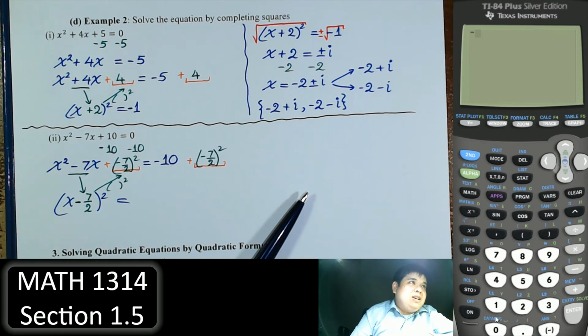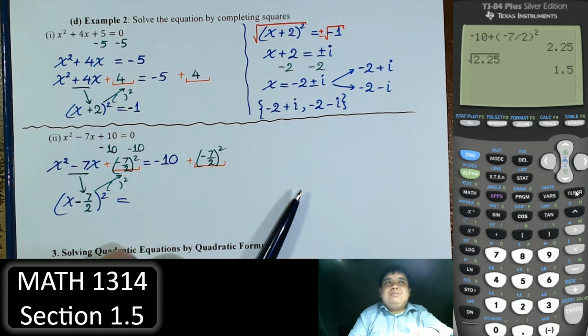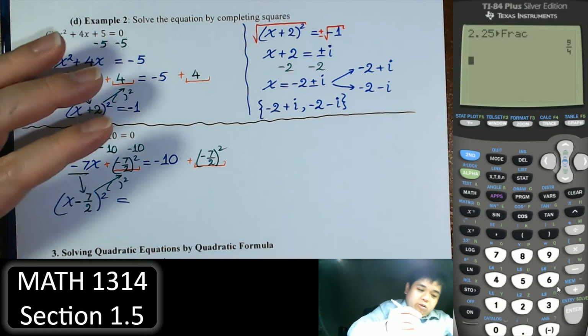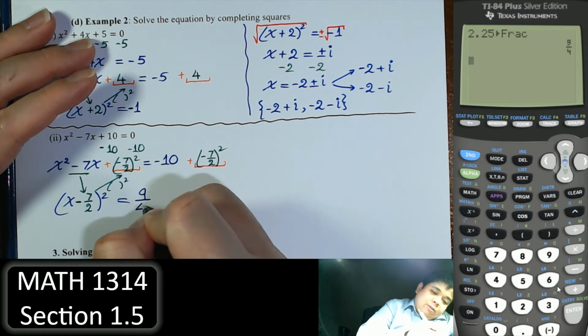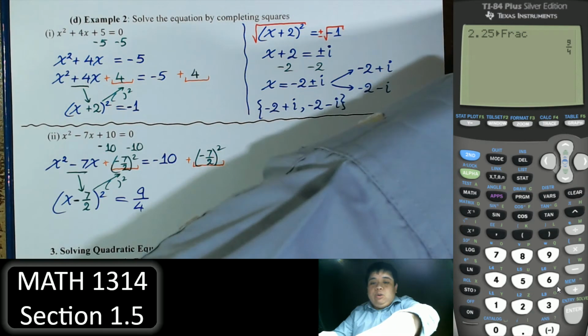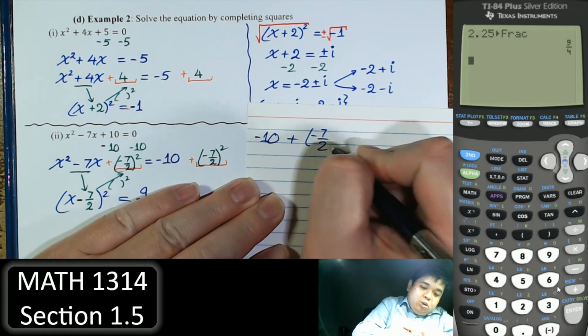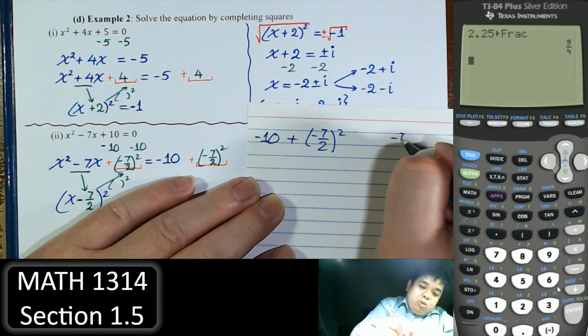We have negative 10 plus negative 7 halves squared, which is 2.25. So what is the square root of 2.25? That could come later, but for now, if you have 2.25 and we want a fraction, hit math, convert to fraction, 9 over 4. Yeah, so negative 10 plus... if we do it by hand, negative 7 over 2 squared, we already did that.